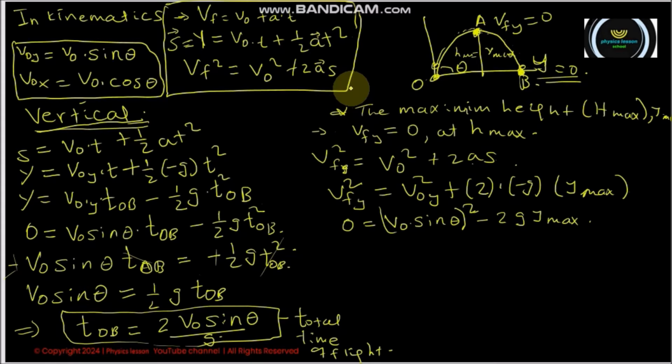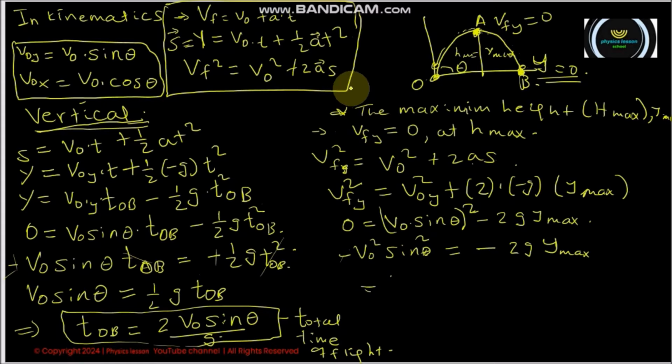Now take one of them toward the left, then let's take minus v naught square sine square theta is equal to this one minus, because minus 2g y max, negative by negative, positive, then divide both sides over 2g.